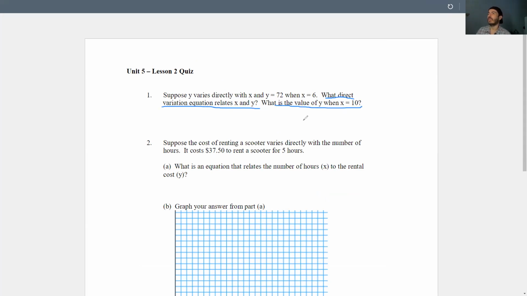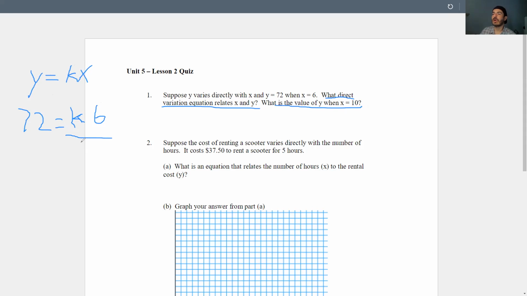All right, so y varies directly with x. So we know that y is equal to some number that's constant, k, times x. That's a given. They tell us that. And I also know that when y is 72, some number times 6 is equal to 72.